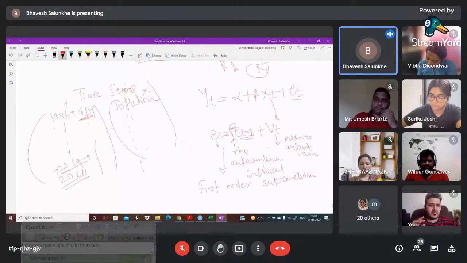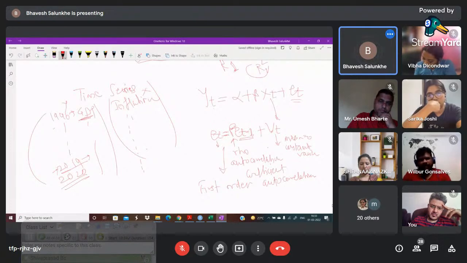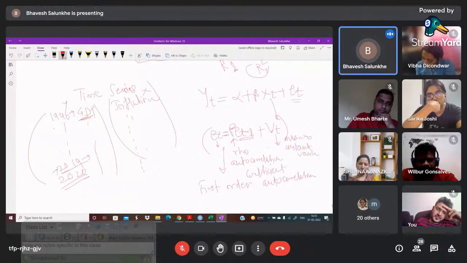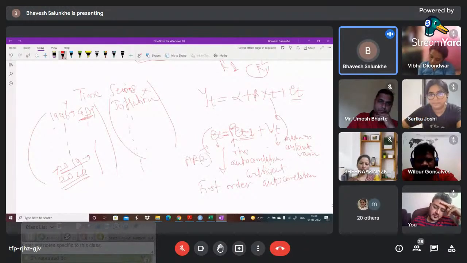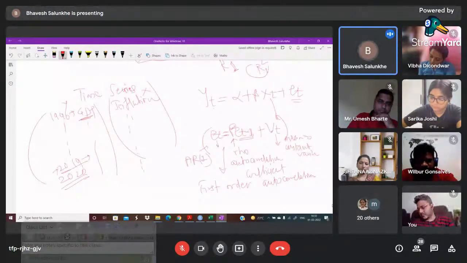Why first order autocorrelation? Because this error term e_t is regressed on its immediate past value, that is e_{t-1}. So we will stick to this simple AR1 process, an autoregressive process of order 1, because it is regressed on its immediate past value, e_{t-1}.